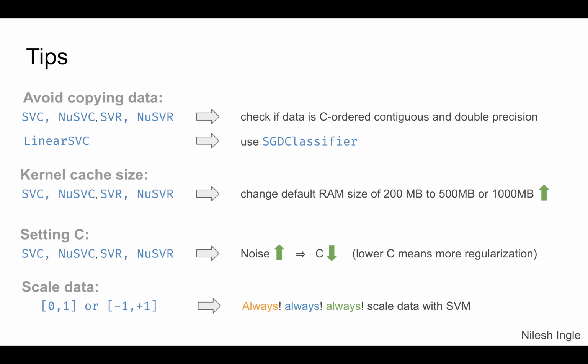And very important, when working with support vector machines, you definitely want to scale the data so that the data is either between 0 and 1 or -1 and +1. That's very important.